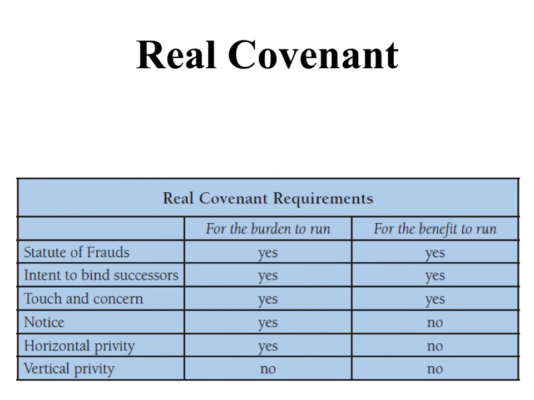It's pretty simple. If the conveyance is for anything less than what the original party had, then you will not meet the vertical privity requirement. Most states do not require vertical privity anymore, but it was required at common law.